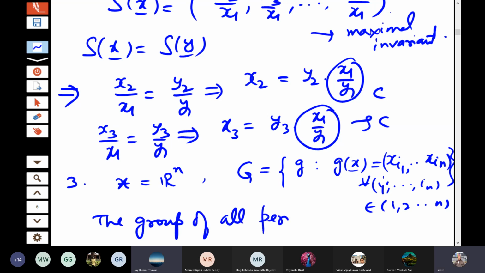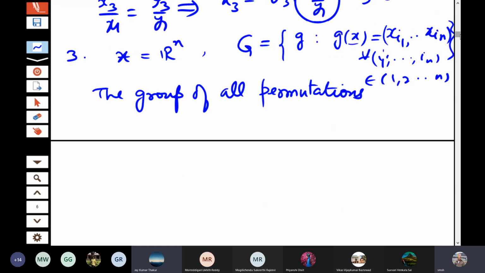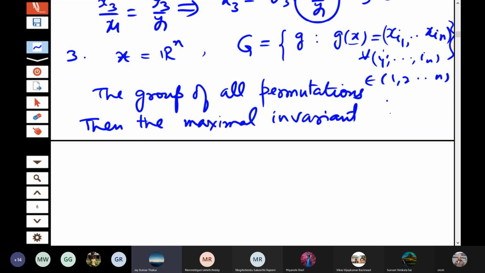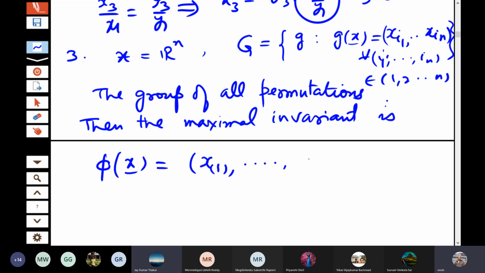The group of all permutations. If we consider that, then the maximal invariant is the set of ordered statistics, because this will remain invariant under all permutations.